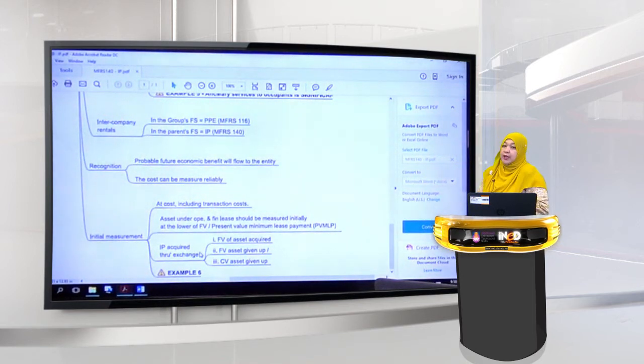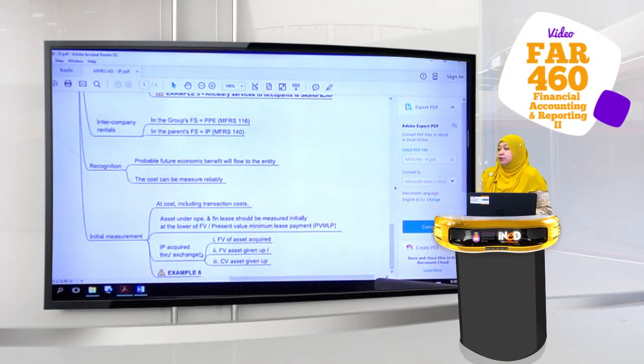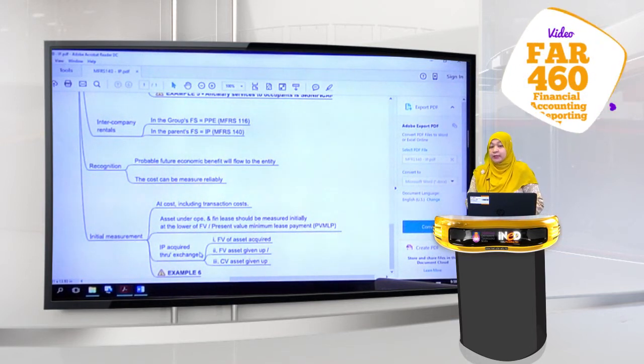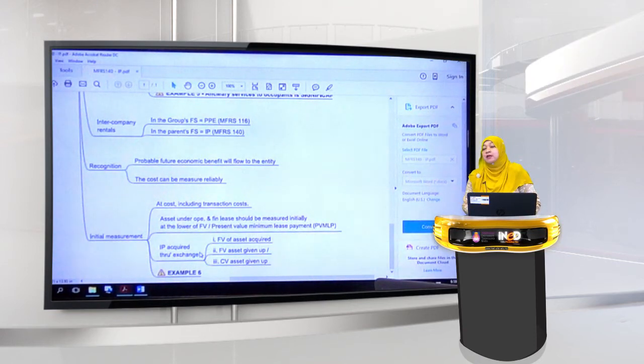For example, if the carrying value of the investment property is 1 million, and in order to acquire the investment property, we exchange it with another type of asset, for example, 5 units of cars, amounting to 1.2 million ringgit. So in this case, we will recognize the value at 1.2 million ringgit. That is the value of the 5 vehicles that we have given up.